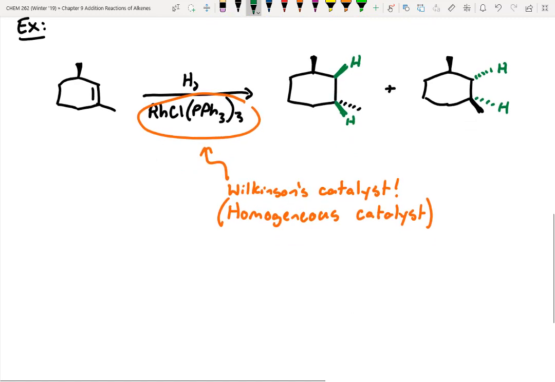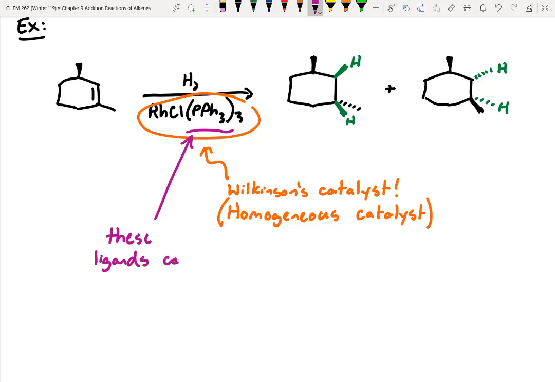All right, the other cool thing with this reaction is all of the pieces that are attached to the ruthenium atom here are called ligands. They attach to the metal center. You can actually swap out these ligands and make them into chiral ligands. What do you think happens if you have a chiral ligand?